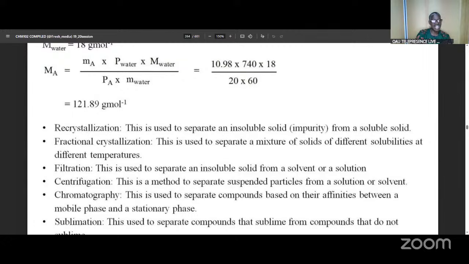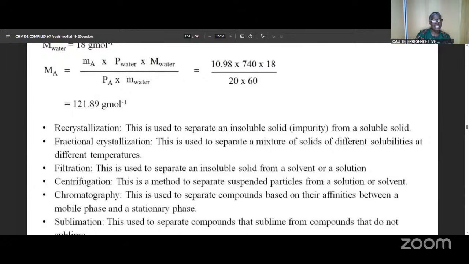We also have fractional crystallization, which is used to separate mixtures of solids of different solubilities at different temperatures. We also have filtration, centrifugation, and we also have chromatography. I know you are all familiar with this, but I will talk a little.